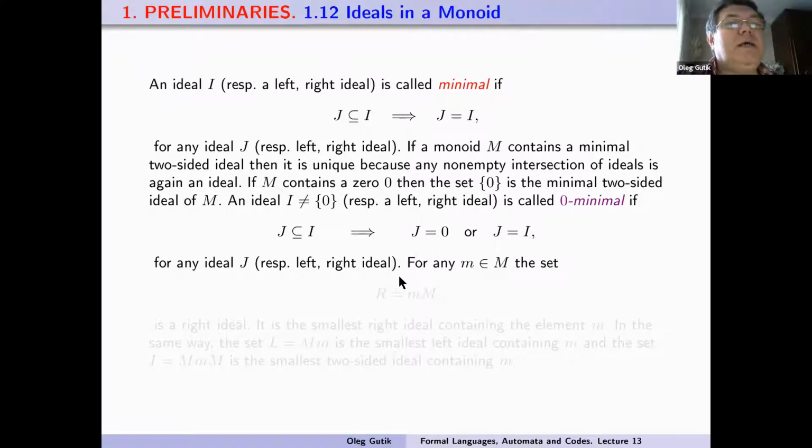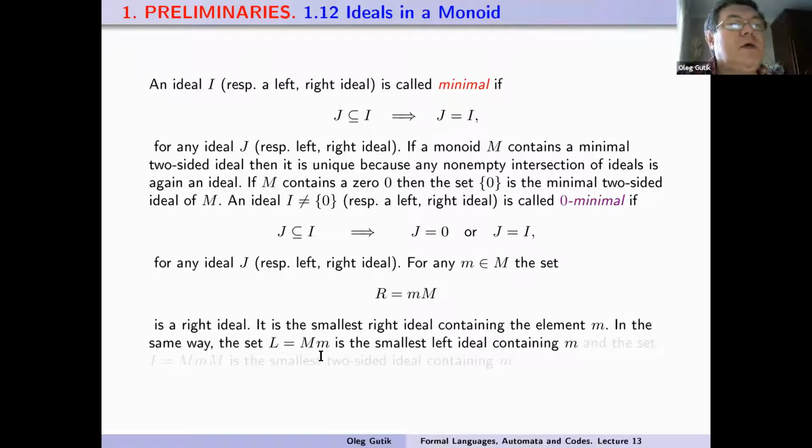For any element m of M, the set R, which is equal to mM, is a right ideal. It is the smallest right ideal containing the element m.